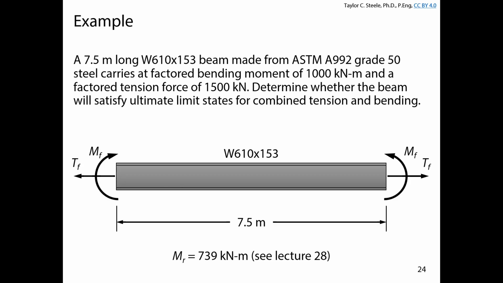MRX, though, is now calculated differently. MRX, when we're dealing with stability, is calculated in accordance with clause 13.6. We already calculated the moment resistance of this beam in lecture 28 in accordance with clause 13.6. Moment resistance is 721 kilonewton meters. Okay?